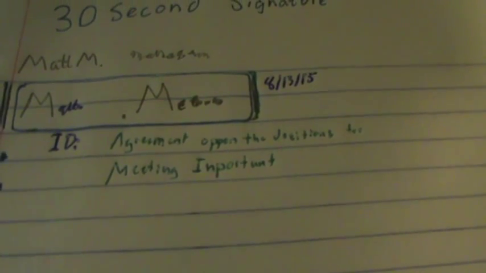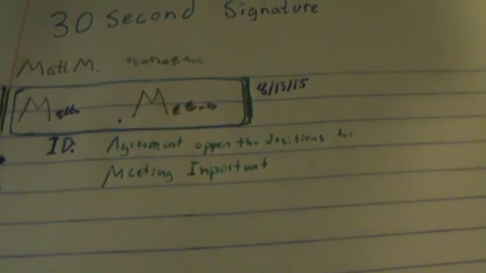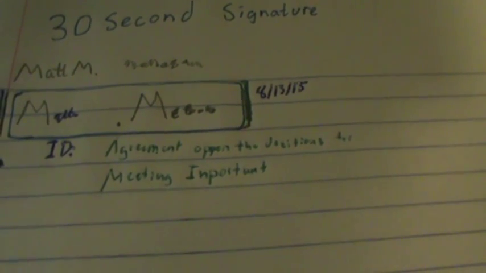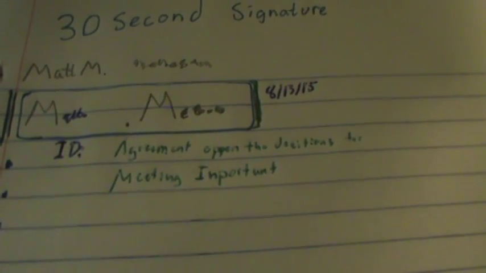If you work at a store, they ask you to collect information to help customers with their orders. Other than that, for 30-second signatures, I talk about writing activity.